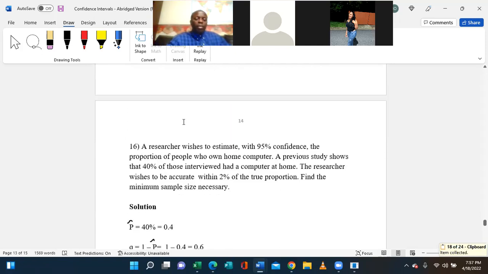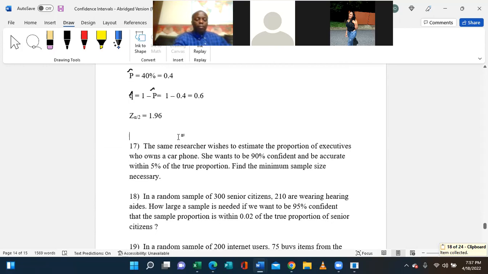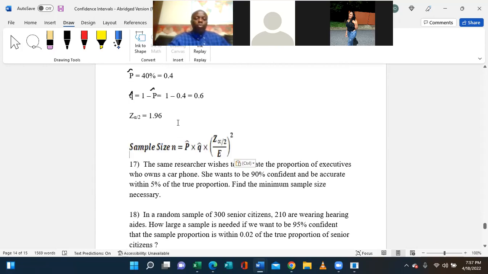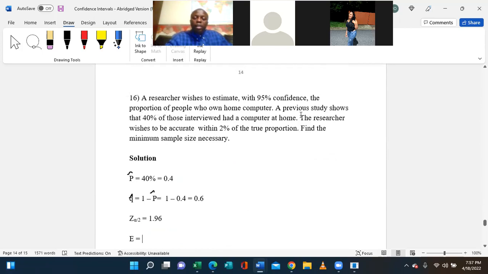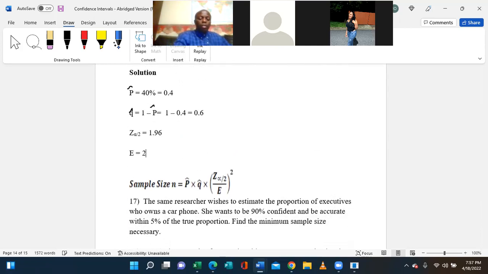This is the formula right here. Let me paste it here. But we still need the error. It is given in the question. He says that the researcher wishes to be accurate within 2%. So our error is 2%, which is 0.02.